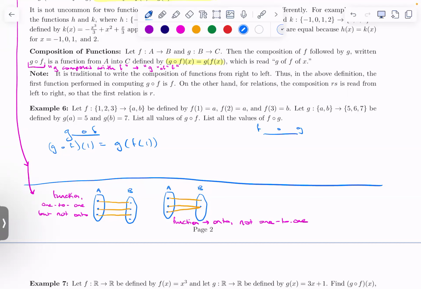What we need to do is start by evaluating f of 1 and use it as the input into g.